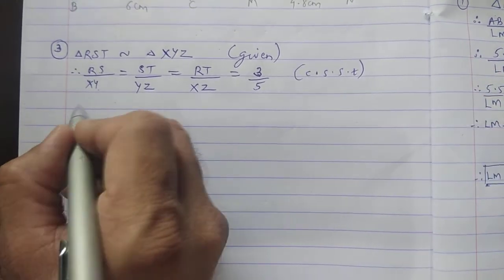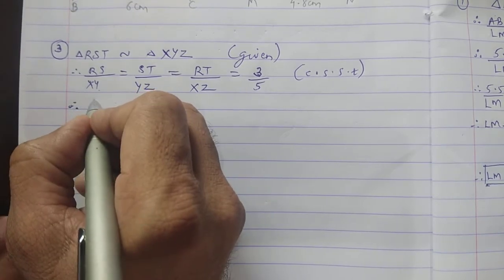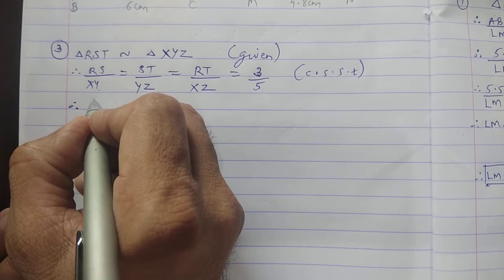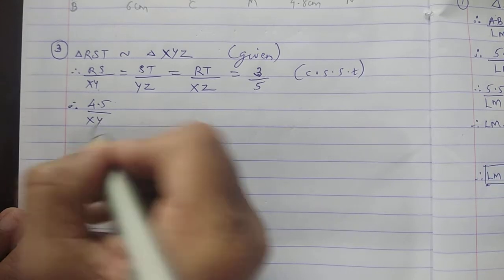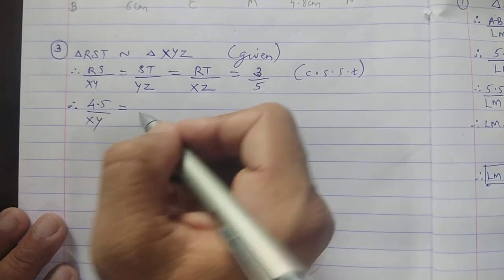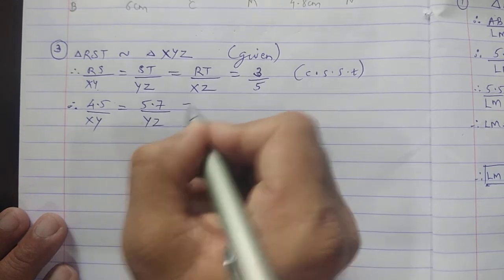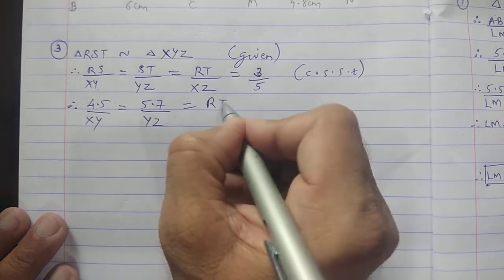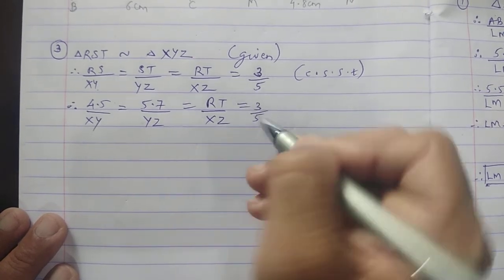Now substitute the values. So therefore, check the question. RS is given how much? 4.5 upon XY equal to ST is given how much? 5.7 upon YZ equal to RT is not given. So RT upon XZ will be as it is equal to 3 upon 5.